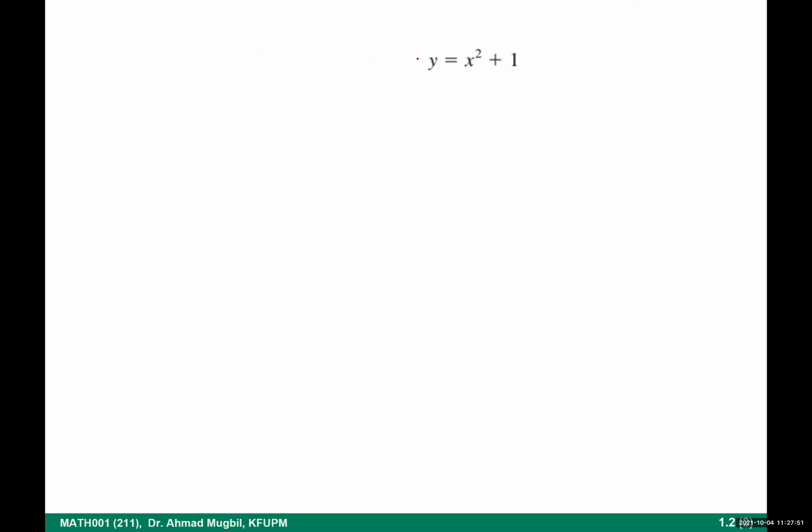Who can tell me what is the solution of this equation? What do we mean by solution, Shabab, of an equation? All the values that satisfy this equation, that make it true.